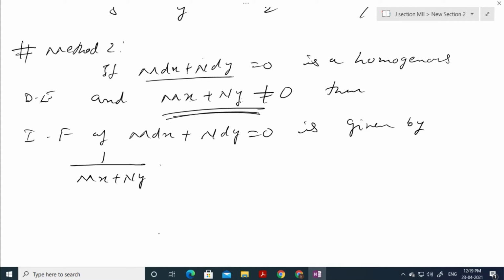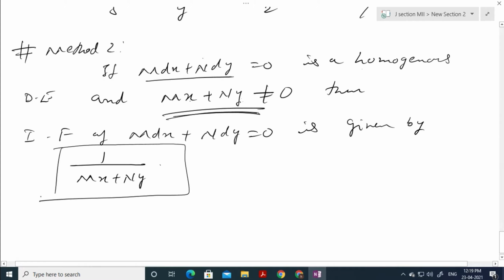So the equation should be homogeneous and you will multiply x with m, n with y, and add them. If not equal to 0, then the integrating factor is given by this term. Integrating factor is 1 by mx plus ny. So you will multiply 1 by mx plus ny with this differential equation so that it is converted to exact.